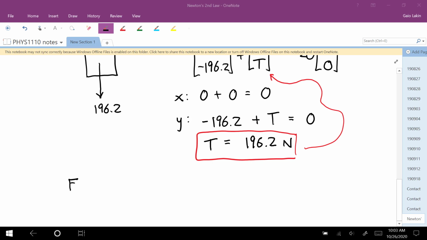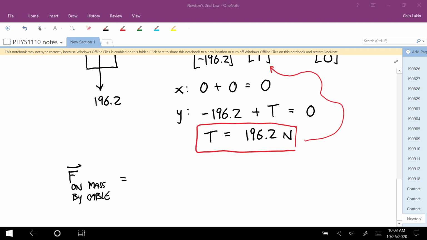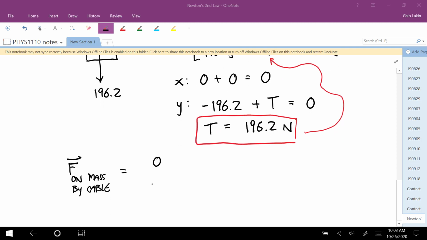So one way you could think of this is the force on the mass by the cable is equal to 0, plug in 196.2, so 0, positive 196.2.